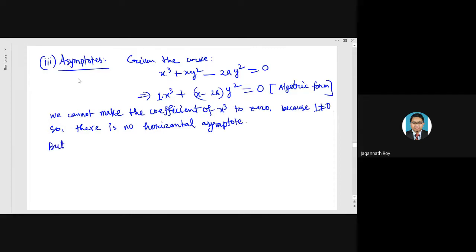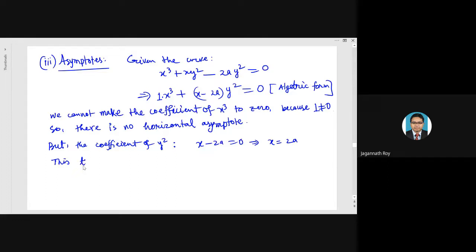But we can have the coefficient of x minus 2a. If we make it 0, so what we get, x minus 2a equals 0 gives us x equals 2a.